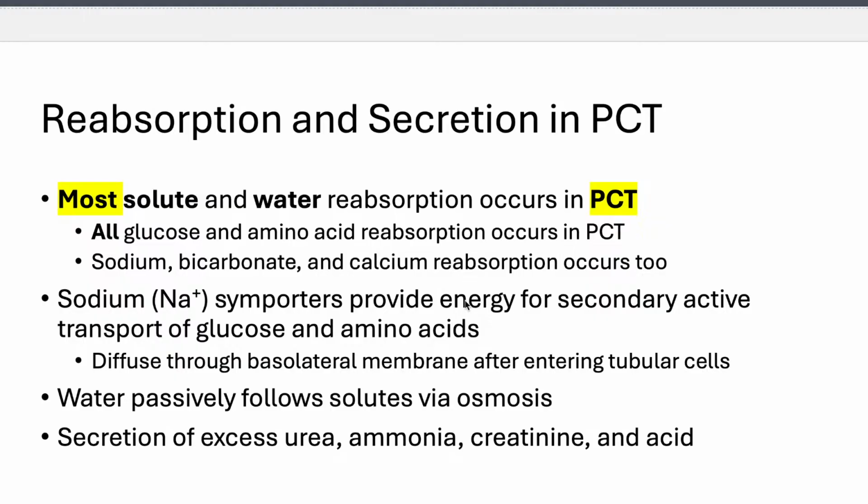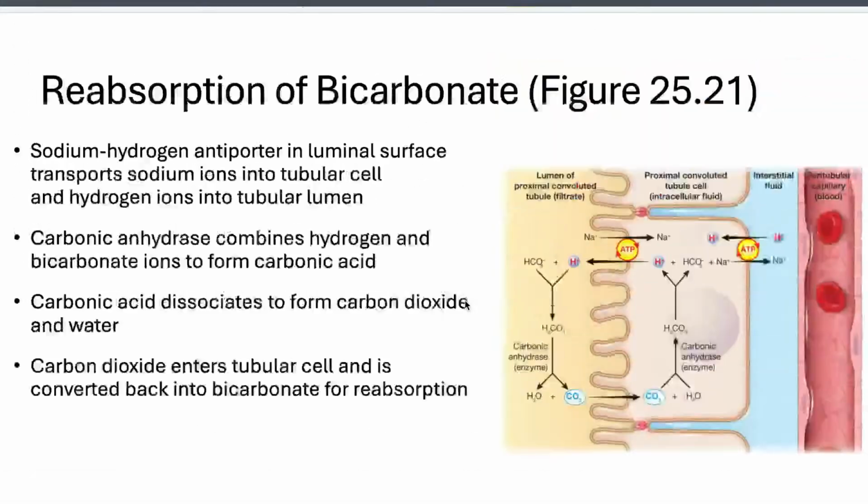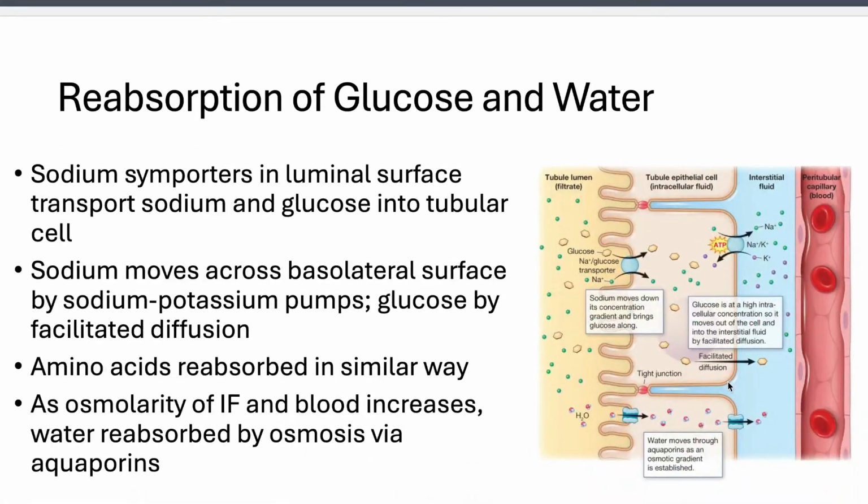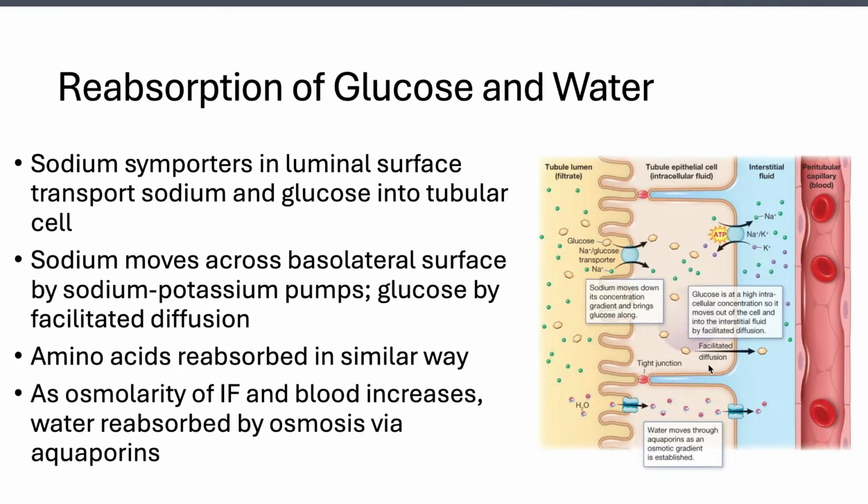So glucose and amino acids, once they're inside the cell lining the tube, will just diffuse, which we mentioned here: facilitated diffusion of the glucose, and amino acids work the same way. So there's an amino acid here too, which is doing facilitated diffusion.